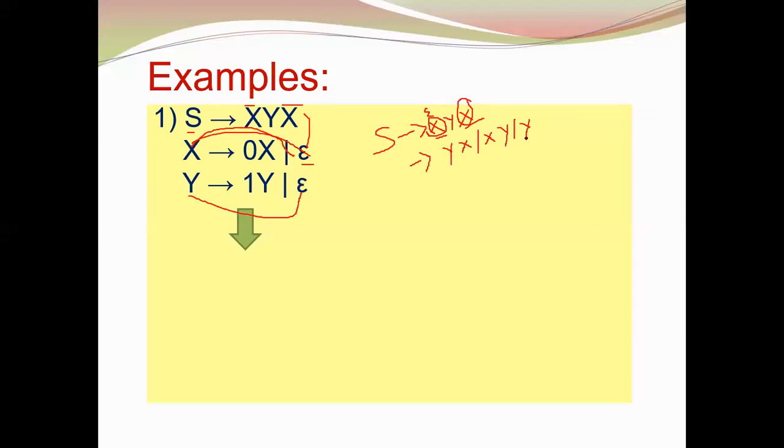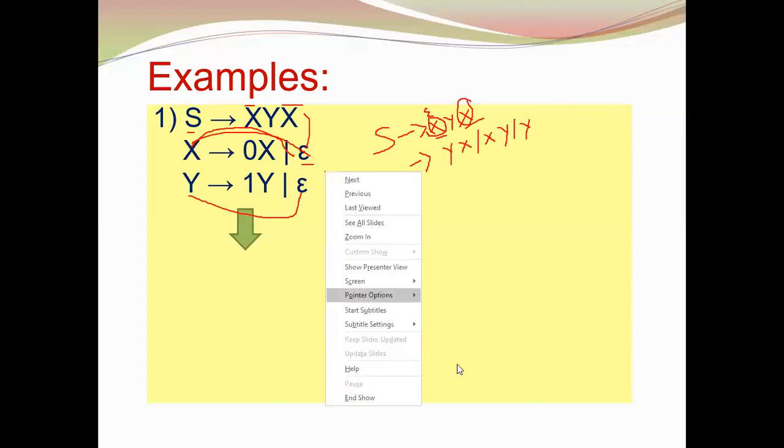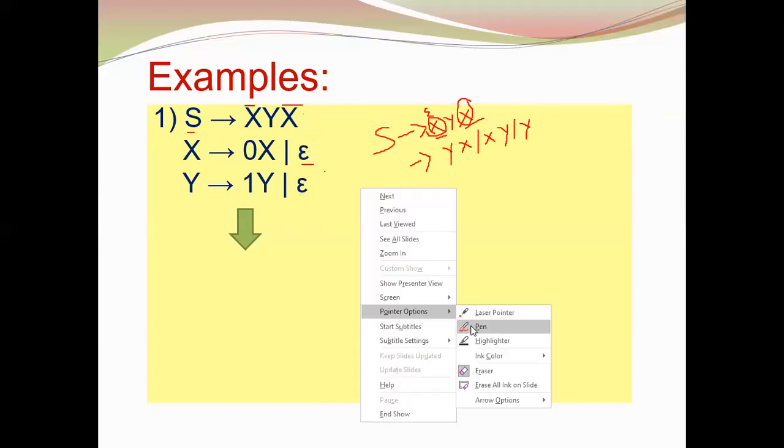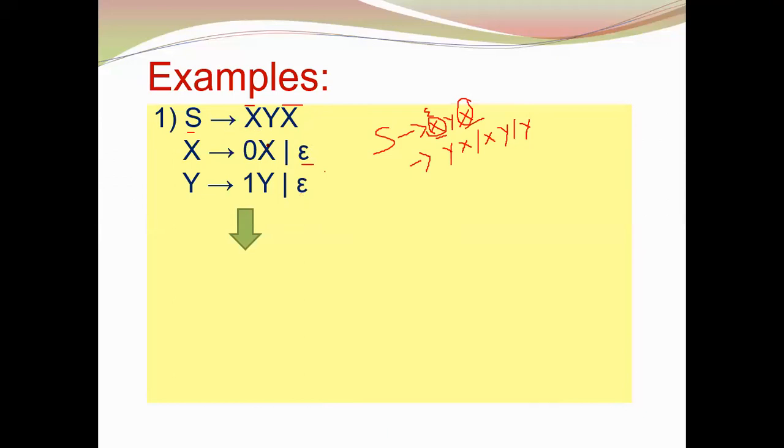Here I have that production X tends to epsilon, so I can replace the X with epsilon. Here I'm going to substitute, meaning we have to write all possible cases.